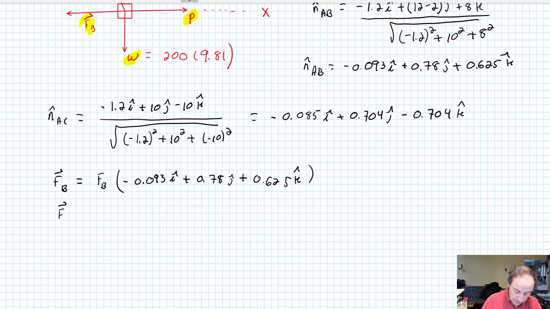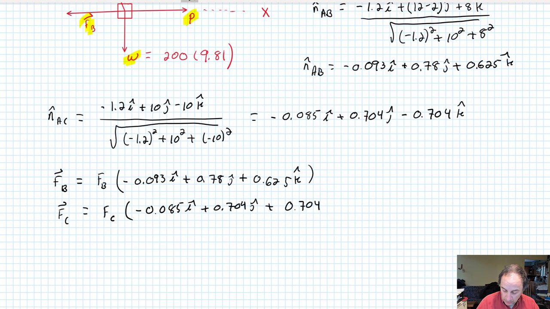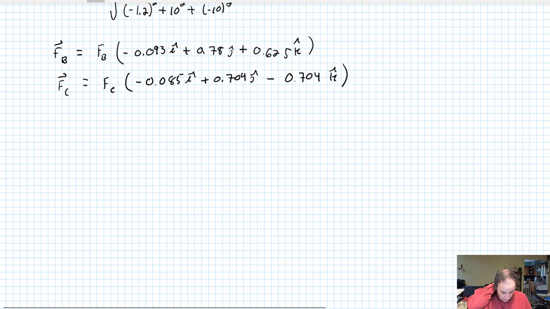We can express C as the magnitude of C times minus 0.085 i plus 0.704 j plus 0.704 k. Nope, it's a minus. There. All right. So for these guys, we know the directions, but we don't know the magnitudes.